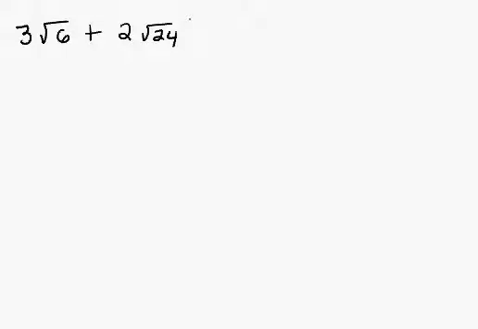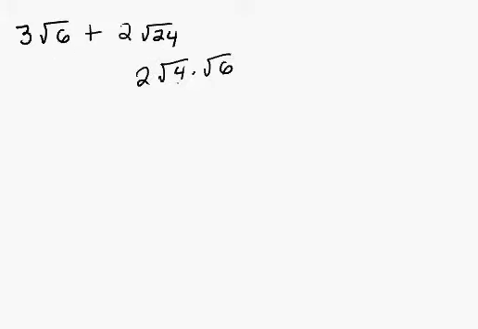But I know radical 24 can be simplified. If you remember the last video, radical 24 has a perfect square that is a factor of it, and I can divide 24 by 4. So I'm going to rewrite this as 2 times radical 4 times radical 6. Now you probably see why I did that, because of the radical 6 here.